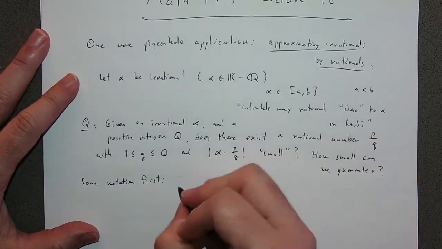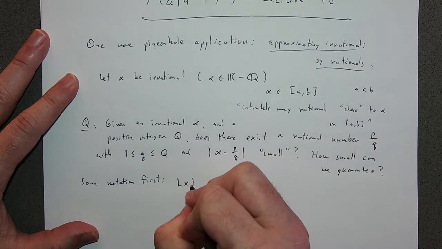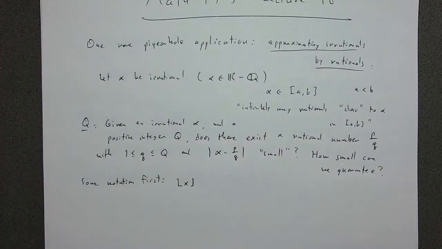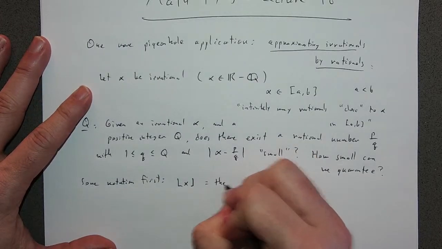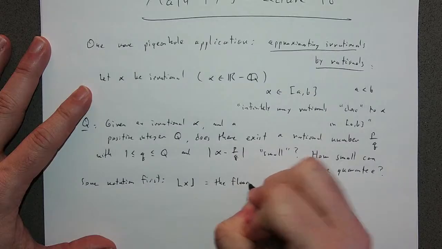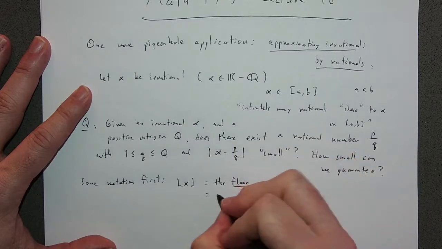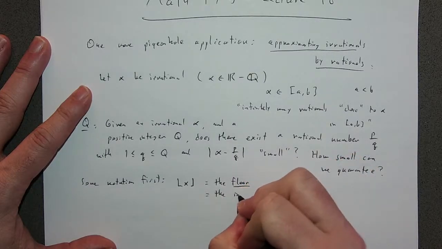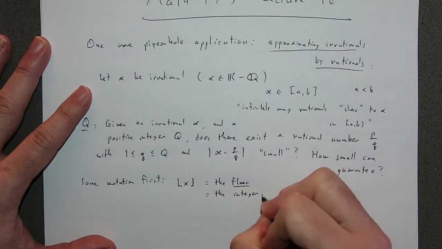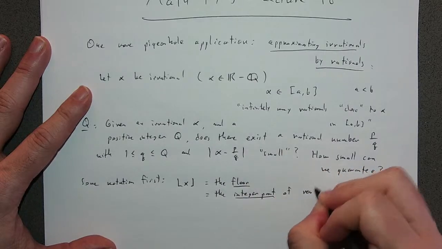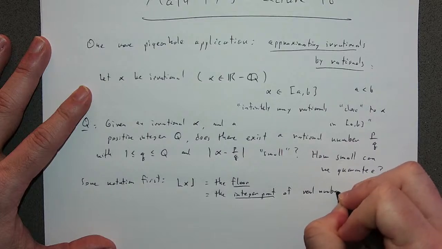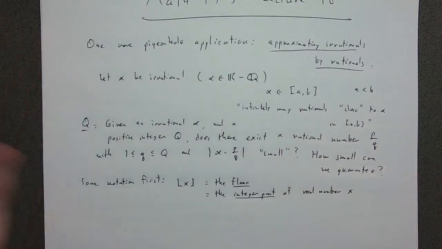The floor function for a real number x is the floor, or the integer part of x. This is, of course, the largest integer m satisfying m is less than or equal to x.